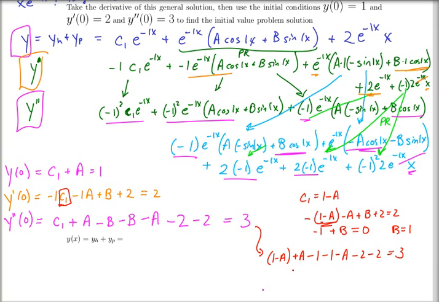We've got minus a, and then we've got a 1 minus 1 minus 1, minus 2, minus 2. So we've got a minus 5 minus a is equal to 3. Minus a is equal to 8. a is equal to minus 8.